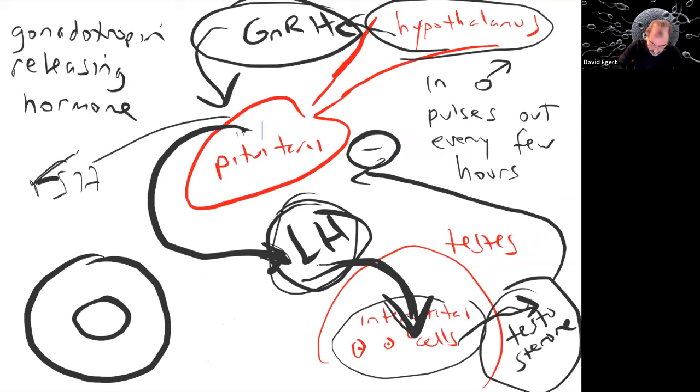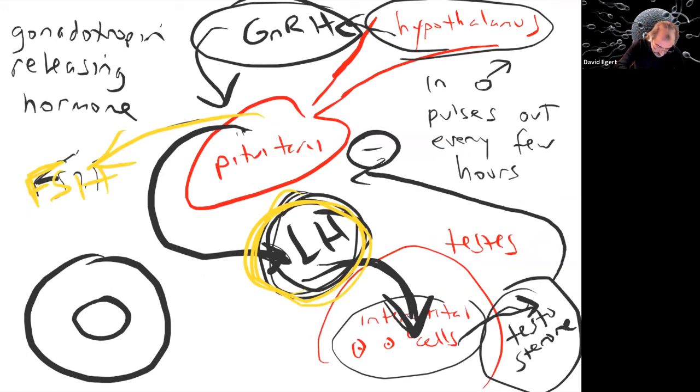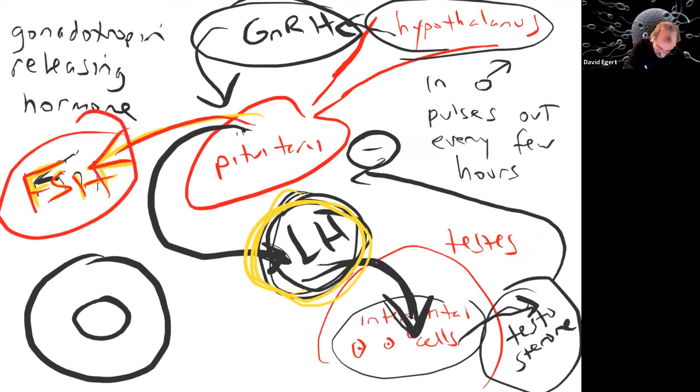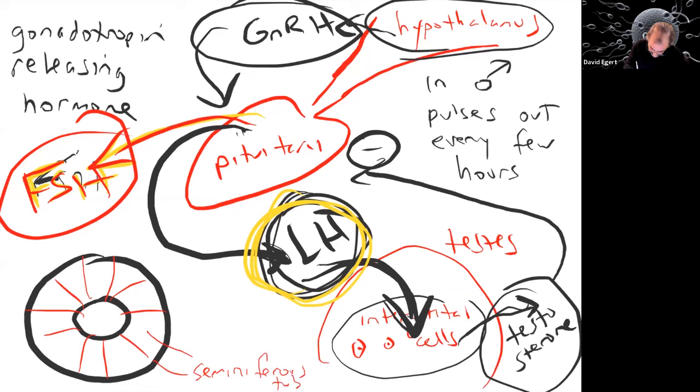It's going to cause the pituitary to release LH, but it's also going to cause the pituitary to release FSH, right? FSH was the other gonadotropin. That FSH is going to talk to the Sertoli cells. This is going to be my seminiferous tubule here. FSH is going to stimulate the production of the little sperm until we get more and more little sperm.